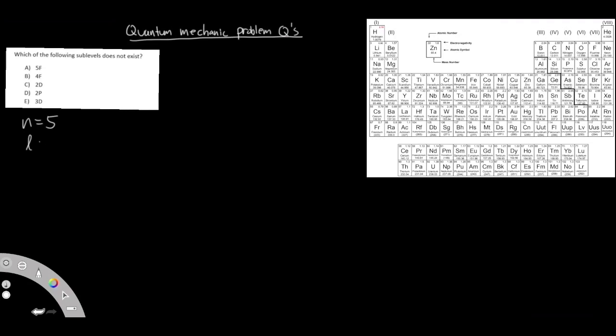Well, as you can see here, we need to have N minus 1. Well, N minus 1 gives you 4. So if that's the case, that means ML will just be 2 times 4 plus 1.